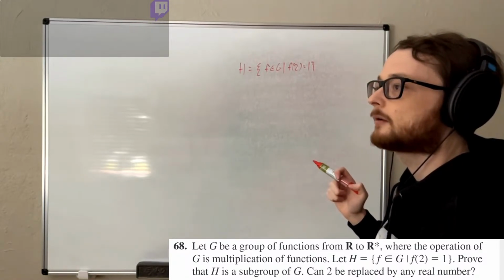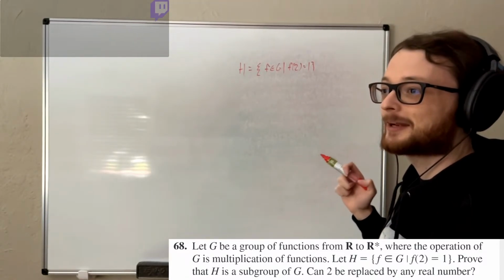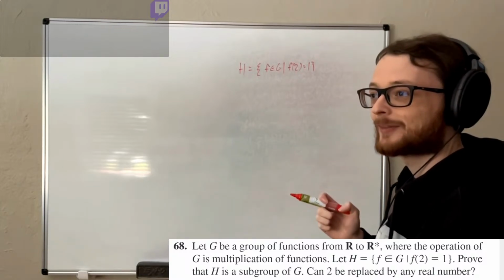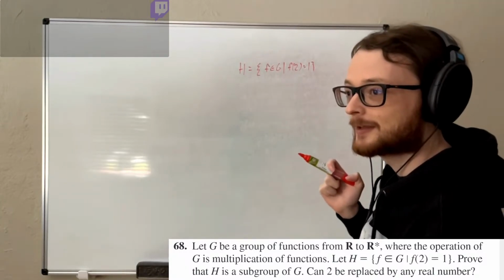I was about to say that the identity function is f of x equals x, but that's the identity for composition. For function multiplication, I think our identity is still 1.